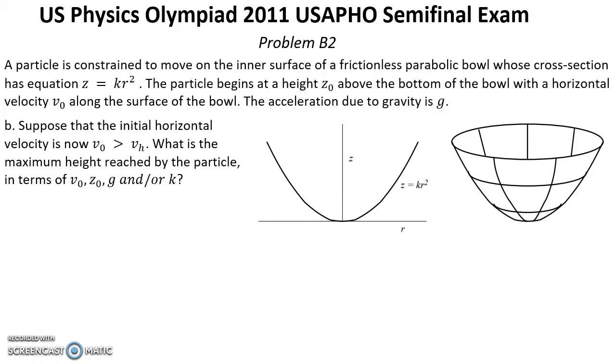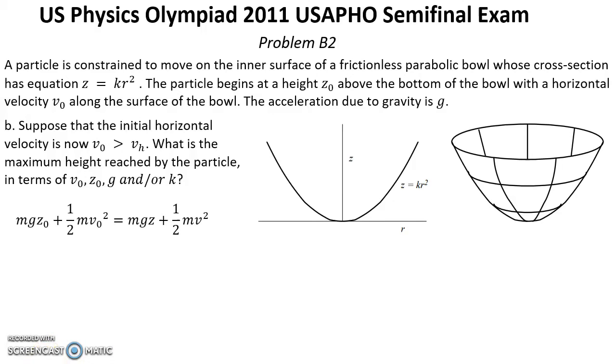In this part, we can use energy conservation and angular momentum conservation, because there are no forces which can change the angular momentum. So first, let's write the equation for energy conservation.